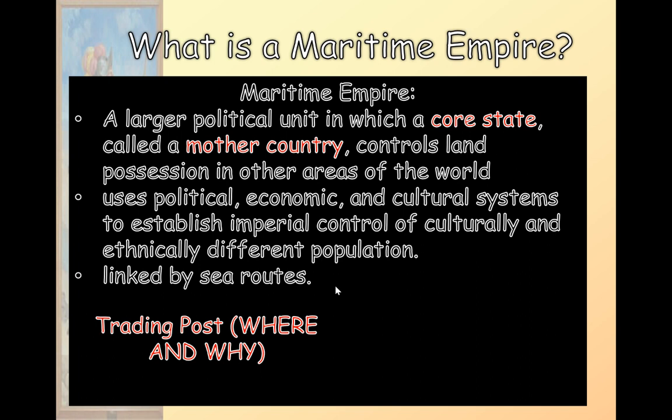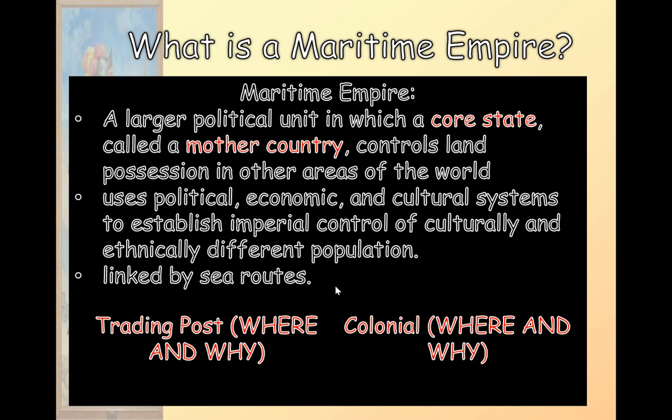The goal of these empires was essentially to control trade. We also see colonial empires, where countries establish colonies in the Western Hemisphere, and their goal is to not only find gold and silver, but also grow commodities to sell, grow cash crops.